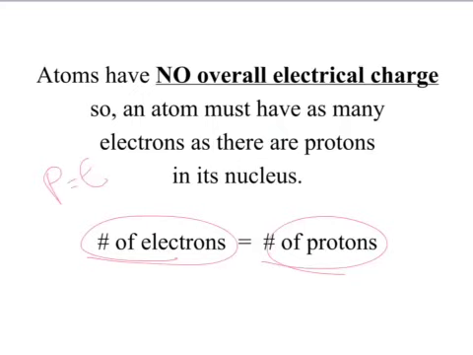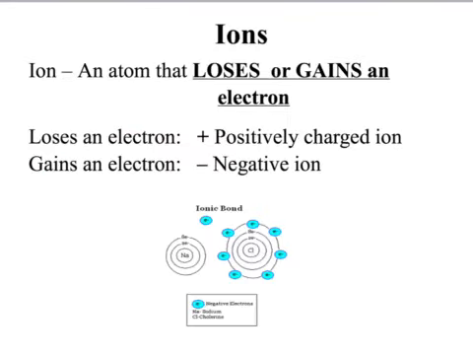Now, what happened if a negative brother left town? If a negative brother leaves town, then the morale of the town becomes positive, right? When an atom loses or gains an electron, we call those ions. So in Mattersville, when we lost an Elliott brother, or if we gain an Elliott brother, then we're going to say that Mattersville has now turned into an ion.